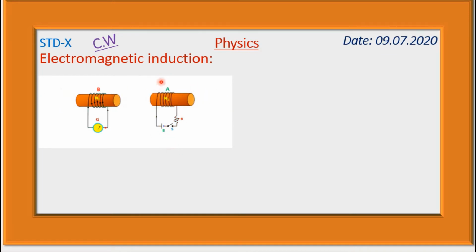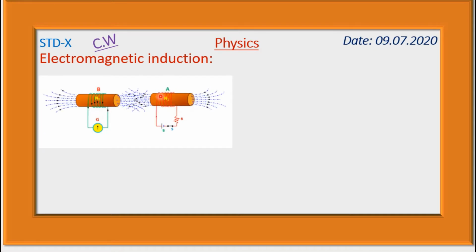That means this coil now acts as a bar magnet. When the switch is on, it will act as a magnet. Therefore the magnetic field through this coil will be changed. Therefore an induced electromotive force will be produced through this coil.